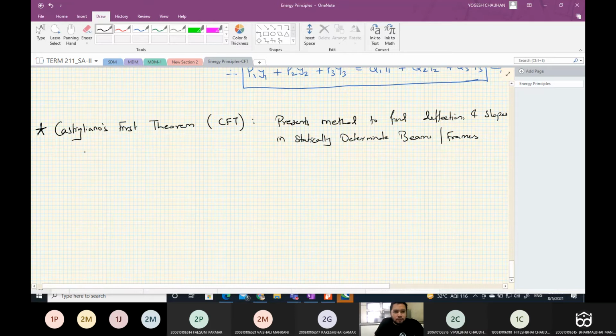So this theorem was given by Castigliano in 1876.